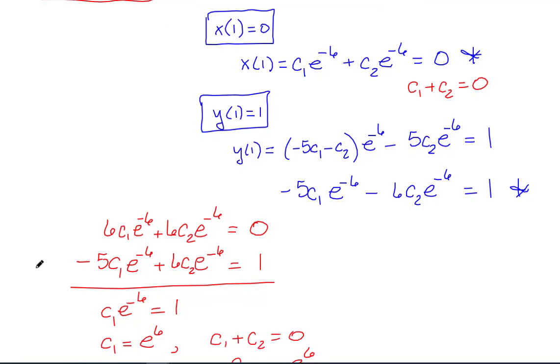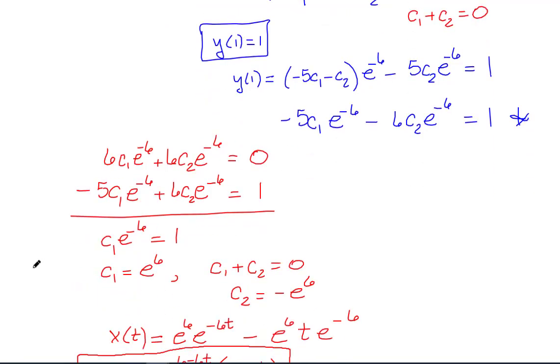I'm trying to get rid of the C2 pieces. So did that, giving me what C1 is. C1 is e to the 6. But we saw C1 plus C2 is 0, so C2 must be minus e to the 6.